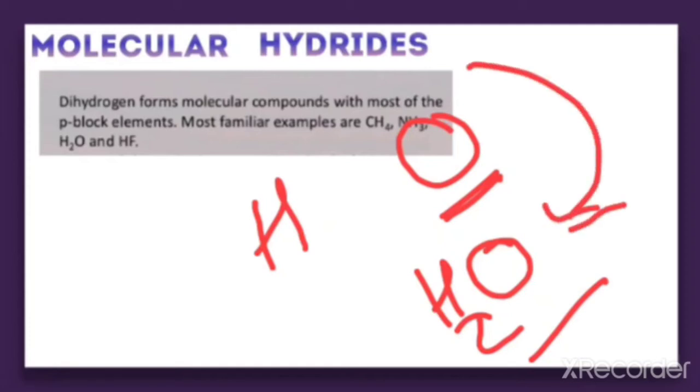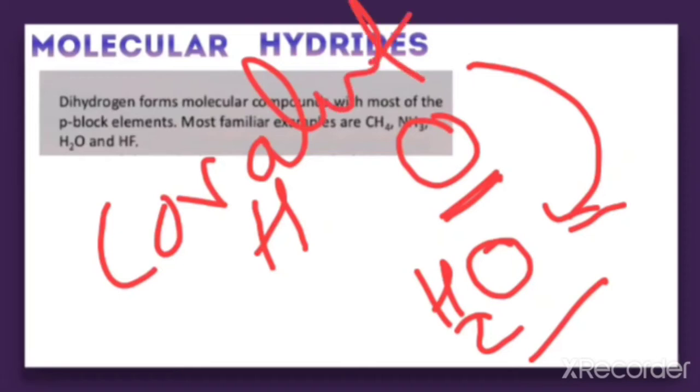It is a molecular hydride, because the bonding between hydrogen and oxygen is covalent bonding. So it is called a molecular hydride, and it is also called a covalent hydride. Why? Because there is covalent bond formation between the atoms, therefore it is called a covalent hydride, or also a molecular hydride.